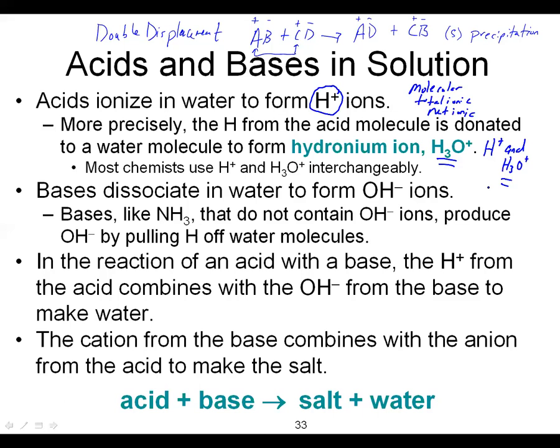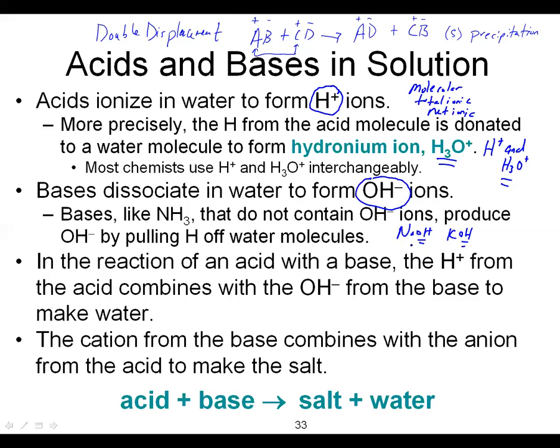Bases, on the other hand, are substances that, when they go for a swim in a solution, are able to produce hydroxide ions. And over here is our hydroxide. A lot of strong bases, things like sodium hydroxide, potassium hydroxide, actually do have hydroxide in the formula, and a lot of our strong bases come from groups 1 and 2 on the periodic table.